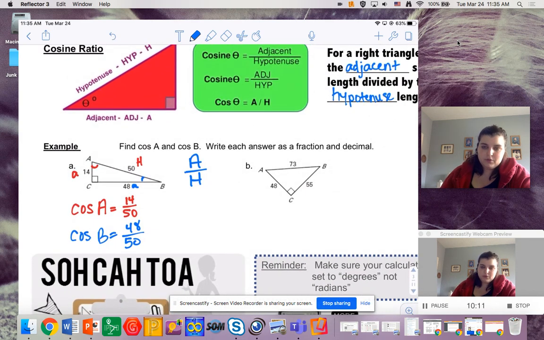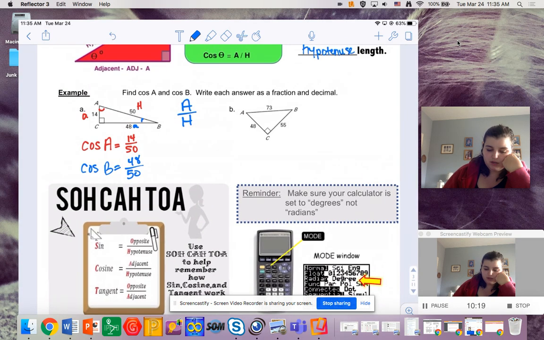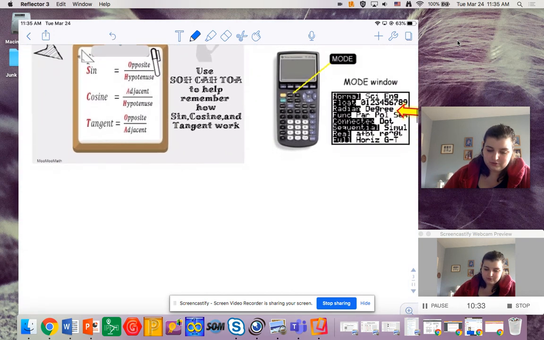So in order to remember these, because how else are you going to remember? We use the word SOHCAHTOA. Okay, so you can kind of see it here. Most often it's written like this just because it's easy to type, but I actually really like to write it like this. So if you also do, that's okay.